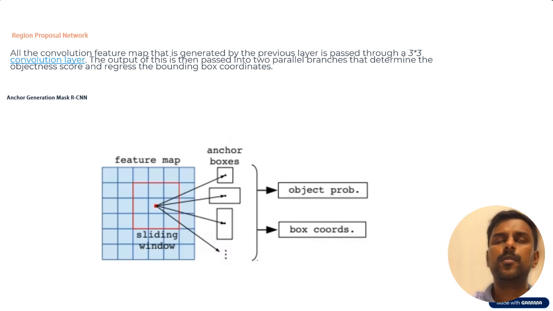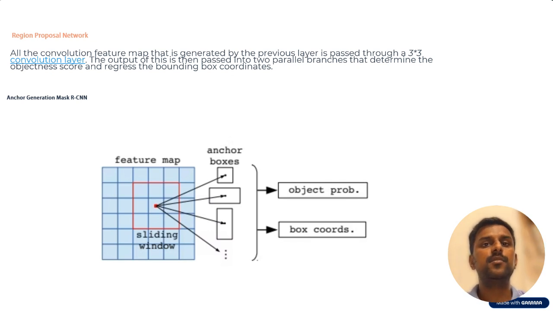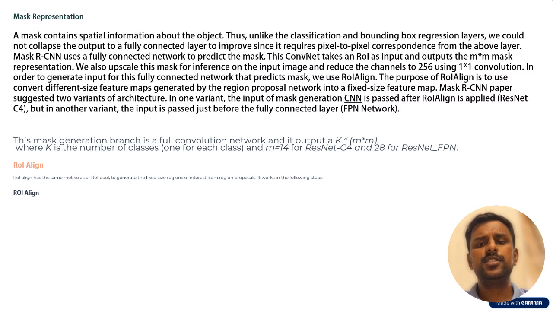Here the object probability score is calculated along with the box coordinates. So this is a regression step in which iteration happens to accurately predict the object probability, detection probability, and the coordinates.